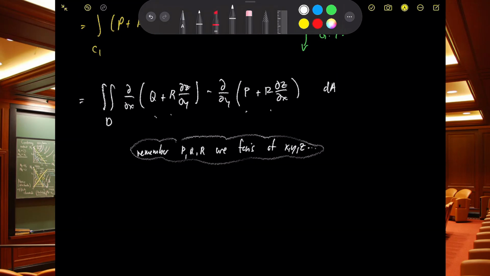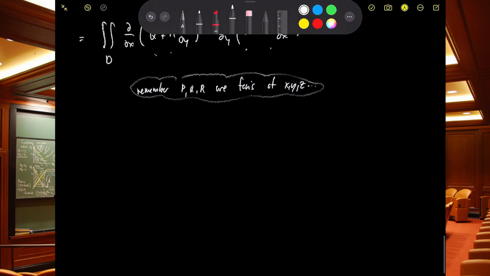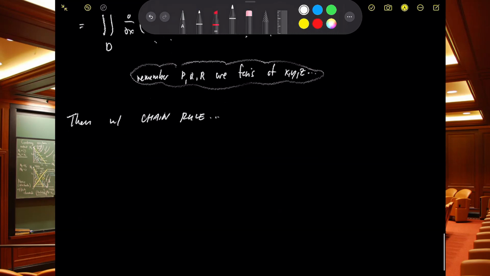Because to unpack this with the chain rule again is what's needed to map this back to our specially marked equation.